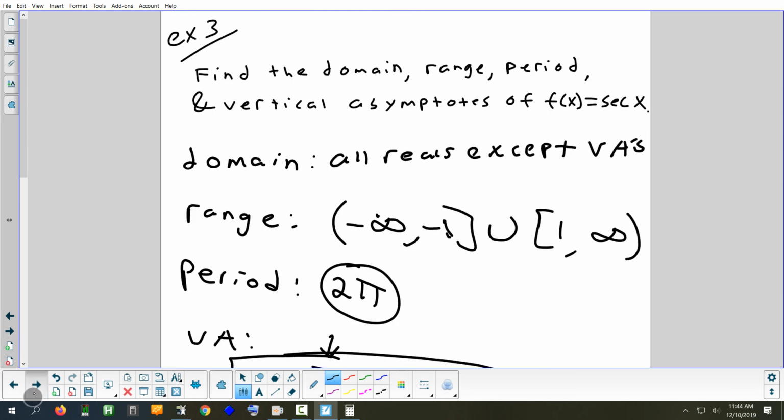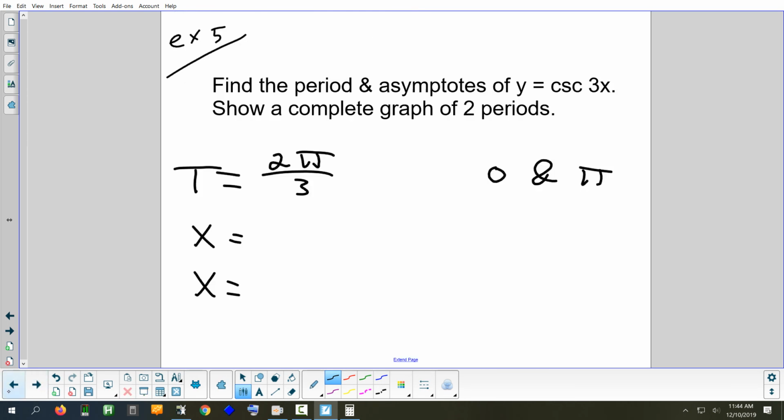So, let's go back here. What is my argument here? 3x. Set the first asymptote equal to 3x. Set the second asymptote equal to 3x. When you solve those equations, that'll tell you where the first asymptote goes and where the second one goes.